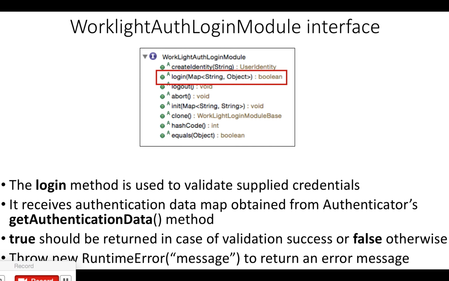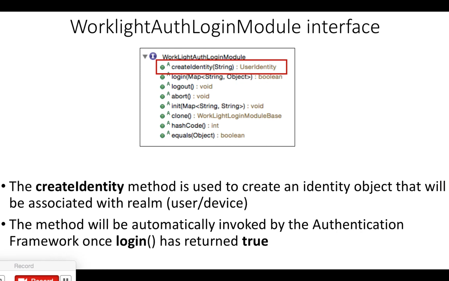In case you want to supply an error message, you can just throw a runtime exception with that error message, and it will be received in the authenticator. You could actually send that error message all the way to the client, and we will see how to do that. So the login method is used to validate supplied credentials and tell the authentication framework whether the validation was successful or failed.